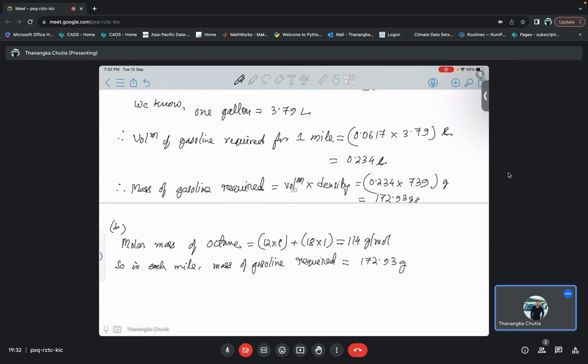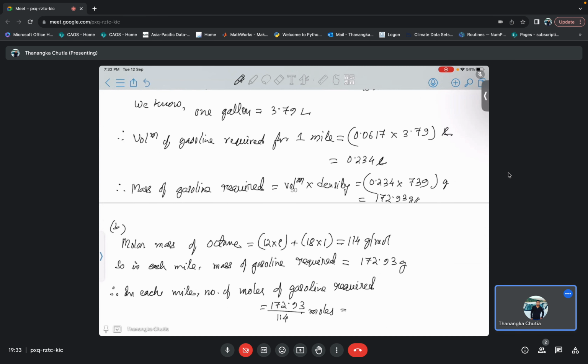Okay, therefore in each mile, number of moles of gasoline required is equal to 172.93 divided by 114 moles.